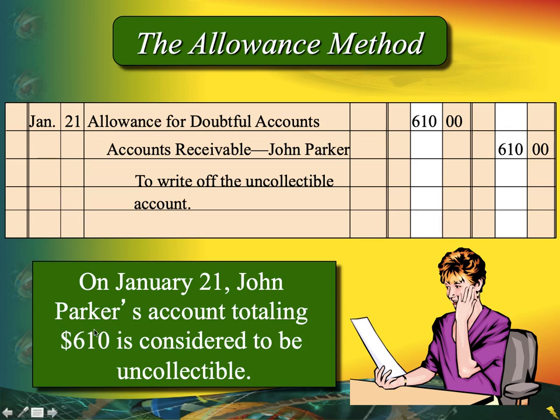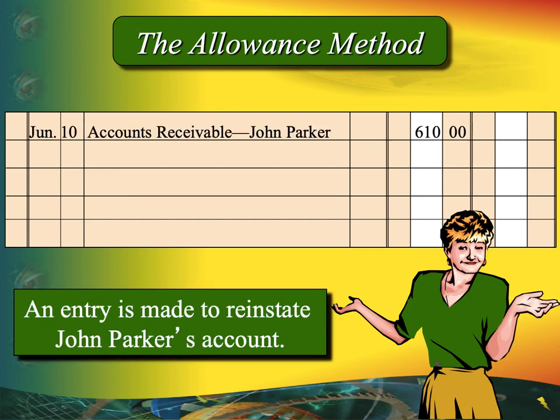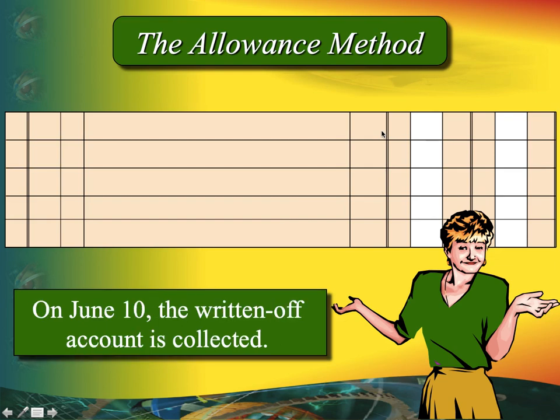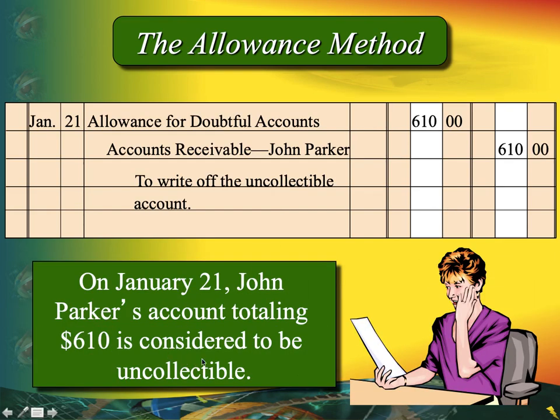What if John Parker's company can pay their debt? If he can pay the debt, it means we have to flip the journal. So the journal will be accounts receivable to allowance. You have to create this journal if the account that we estimated to be uncollectible can eventually be collected.